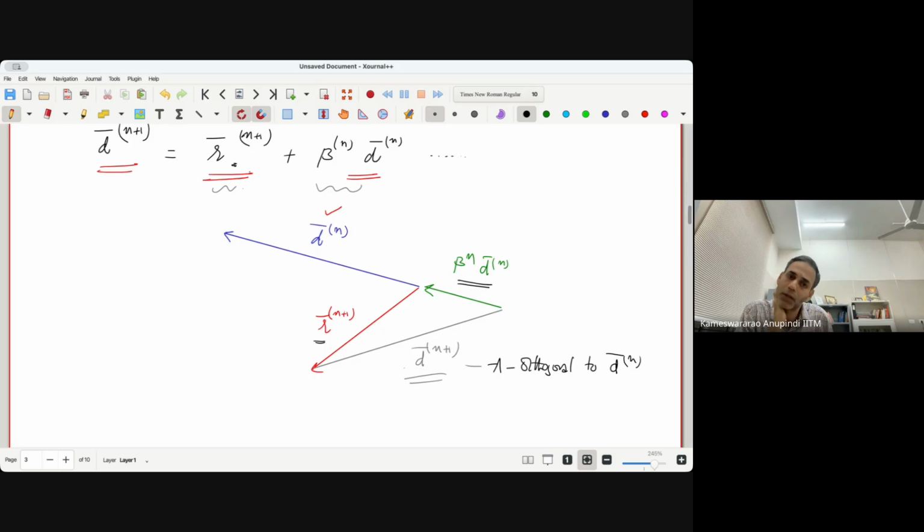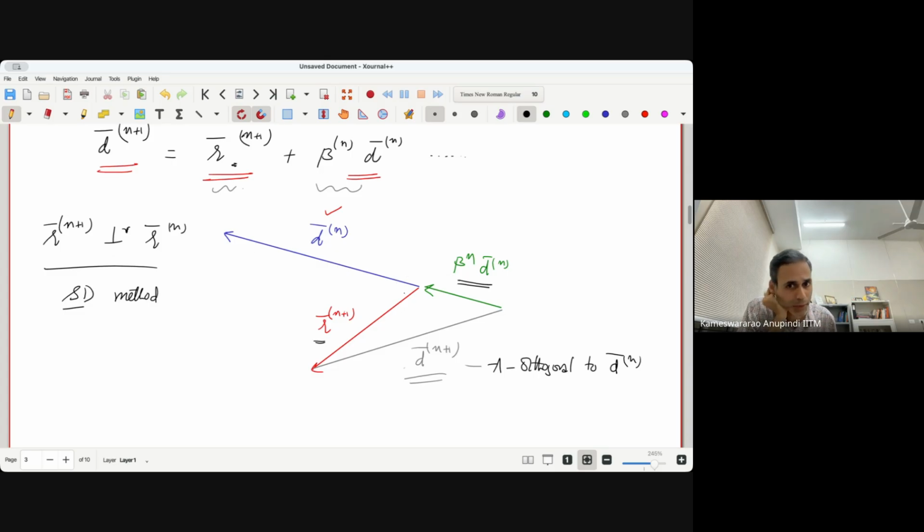From this residual, so we know that R n plus 1 is perpendicular to R bar n. This we have already shown in the steepest descent method, right? In the steepest descent method, we said that every residual we take is going to be orthogonal to R n. That we have already proved. But then now R n plus 1 has a component that is there in the d n direction, right?